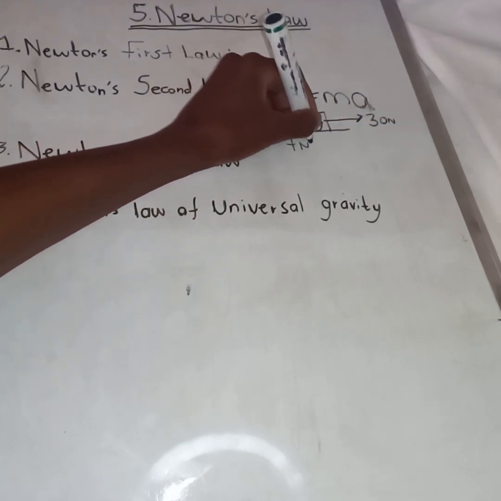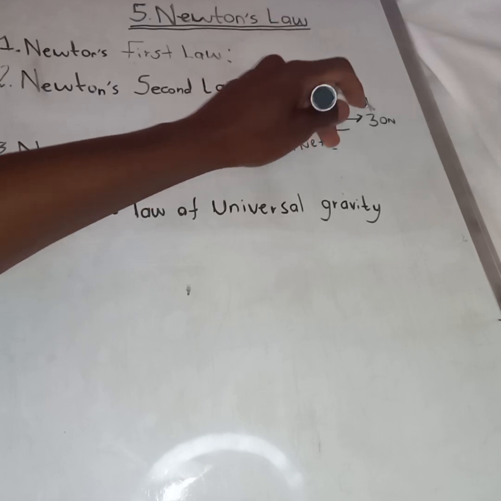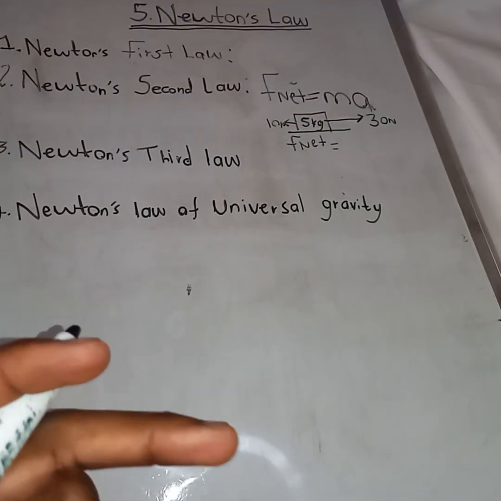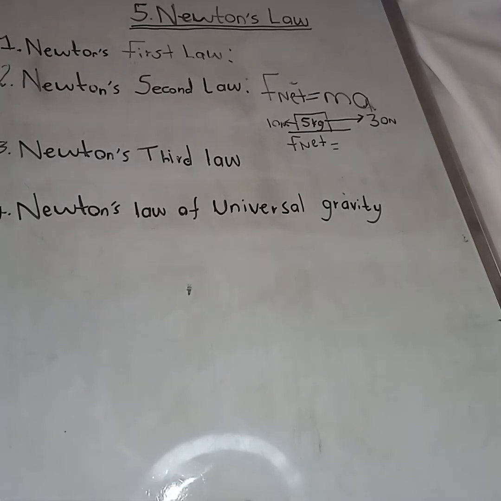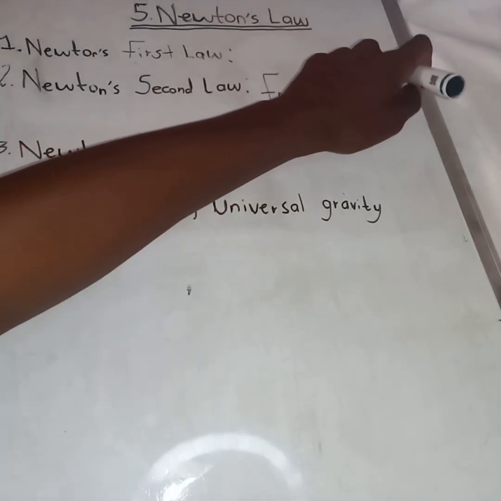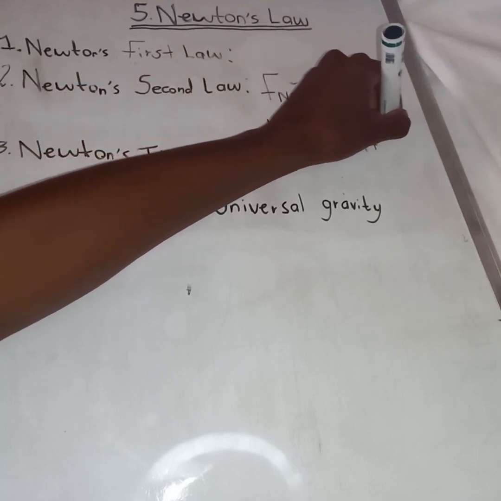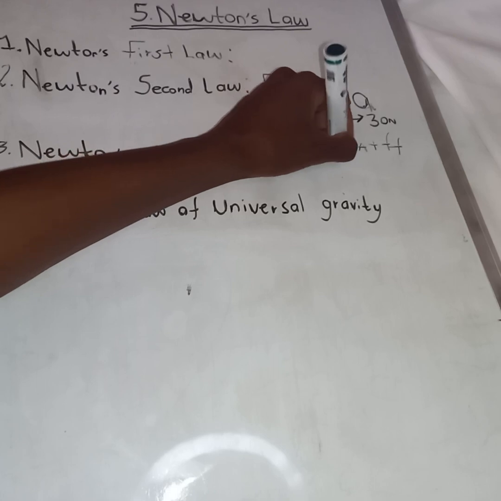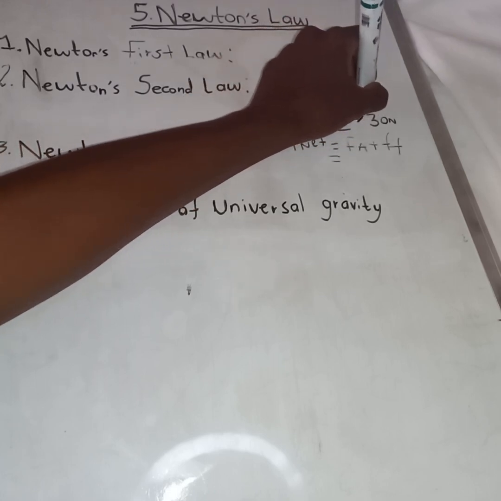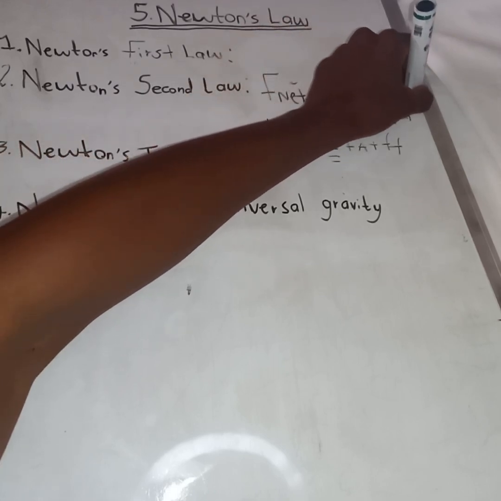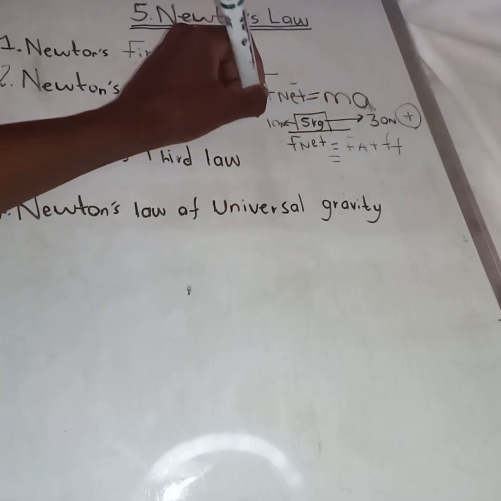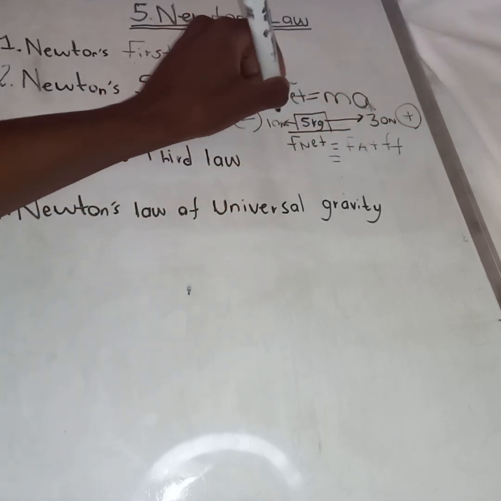So F net, note this down, is the sum of two or more forces acting on the object. Here we have two forces, so F applied plus frictional force. F applied is acting to the right, the positive direction, and left is the negative direction.